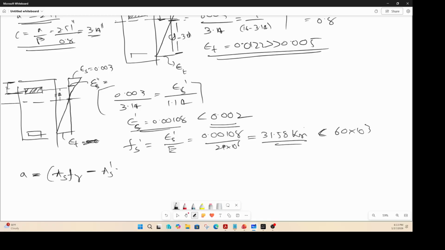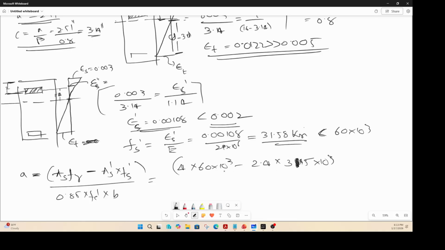Whereas As prime times Fs prime, divided by 0.85 Fc prime times b. So that is 4 times your 60 into 10 cube, minus 2.4, the area of compression reinforcement, times 31.15 into 10 cube, which is your stress, right?